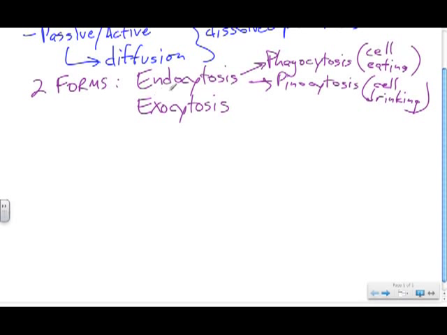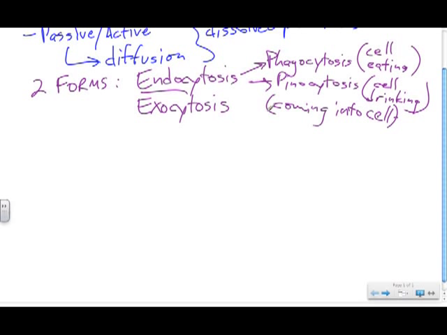But both of them refer to endocytosis, things that are coming into the cell. So these are particles that are outside of the cell that are coming into the cell.